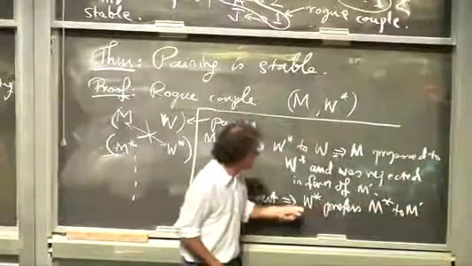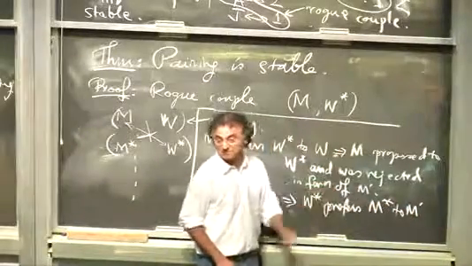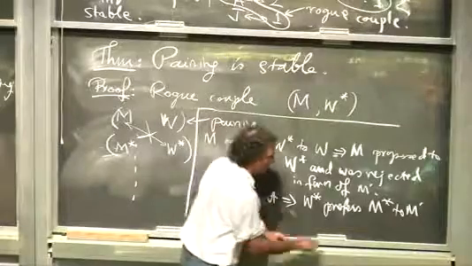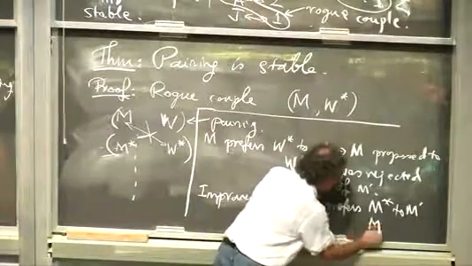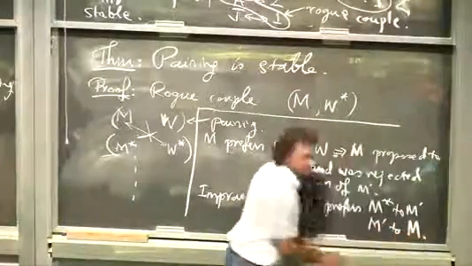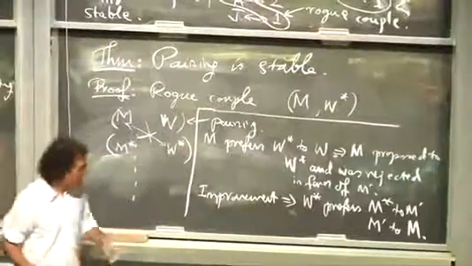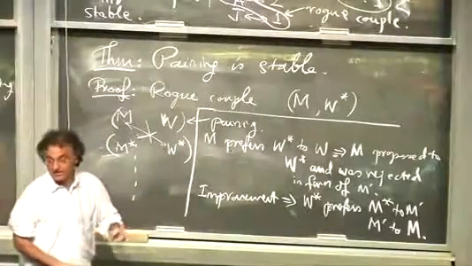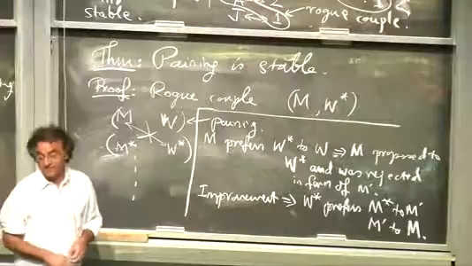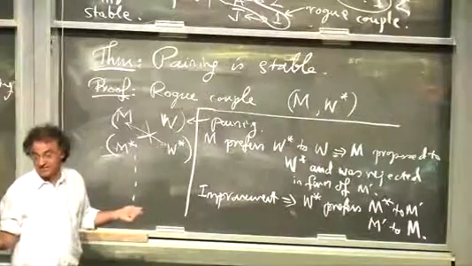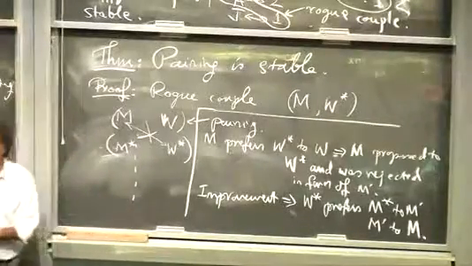But W star also prefers M prime to M. So W star prefers M star to M. So no rogue couple, contradiction.